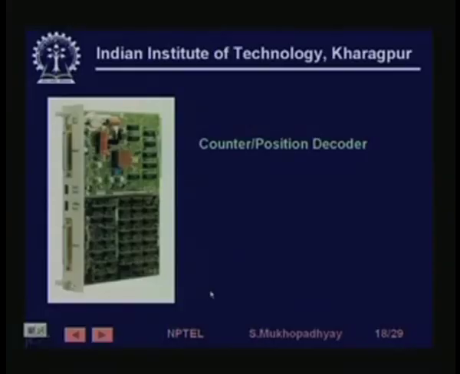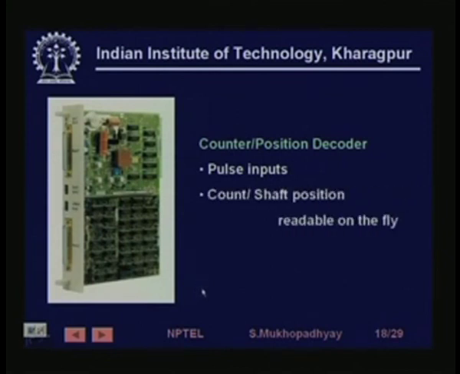This is a counter position decoder. Most counter modules can easily be used for this, because position decoding is often done by counting the shaft angle encoder pulses coming over a certain period of time, since every pulse means a certain small angle rotation. So a shaft angle position decoder is basically counting pulses.